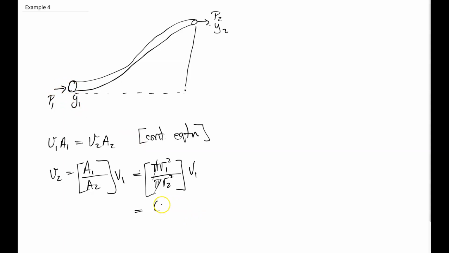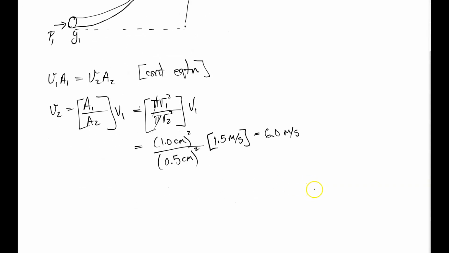It has a diameter of 2, so it's 1 centimeter quantity squared, over the diameter at the top is 1 centimeter, so that would be a radius of 0.5 centimeters quantity squared, times the velocity of 1.5 meters per second. And this will give us a velocity at the top of 6 meters per second.